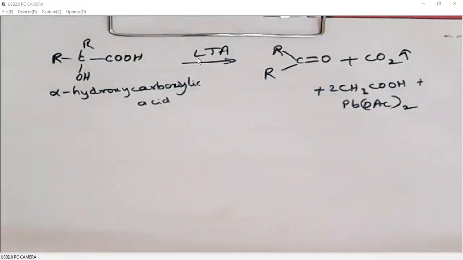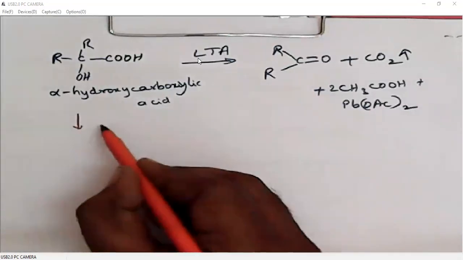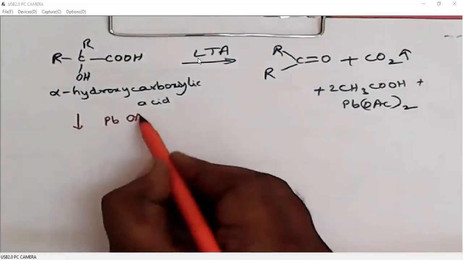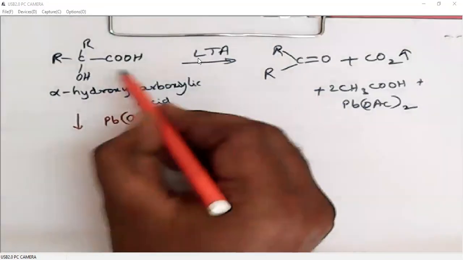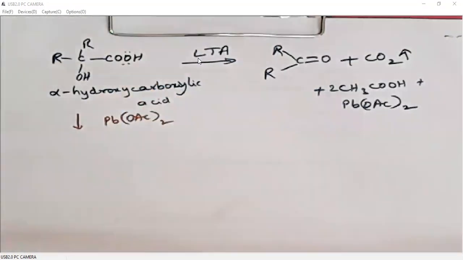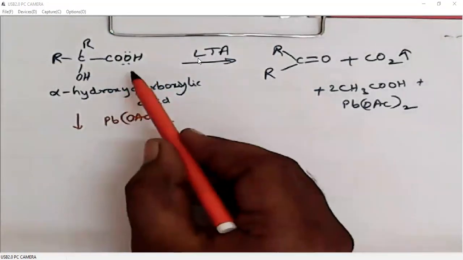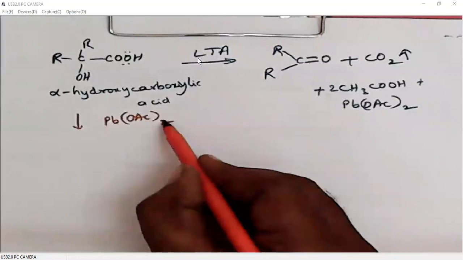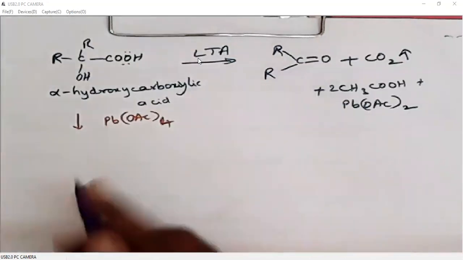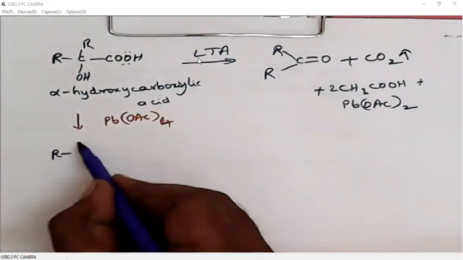I will also give the mechanism for this. When we treat this with lead tetraacetate, what happens? The carboxylic acid OH oxygen will attack lead tetraacetate, so it generates an intermediate of this kind.